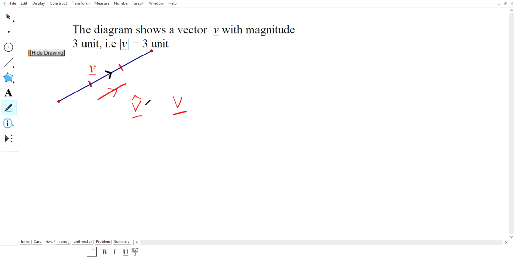Because these are two parallel vectors, we can express unit vector in the direction of vector V as k multiplied by vector V, where k is a scalar.